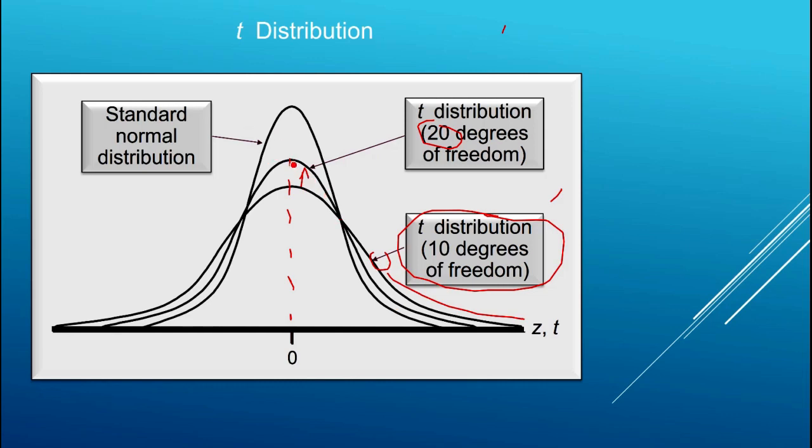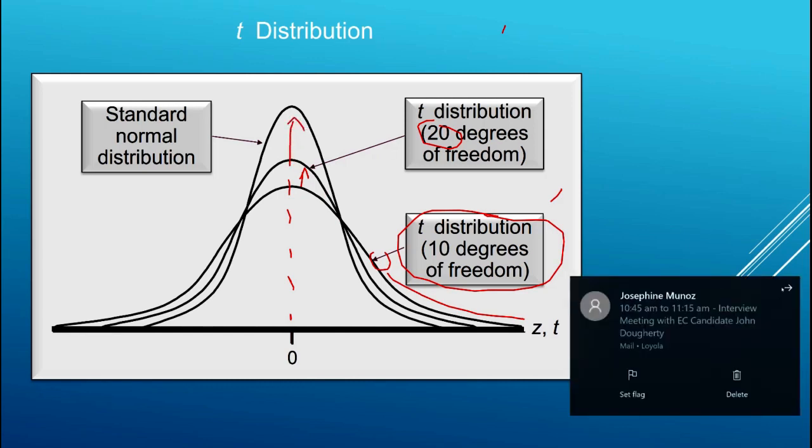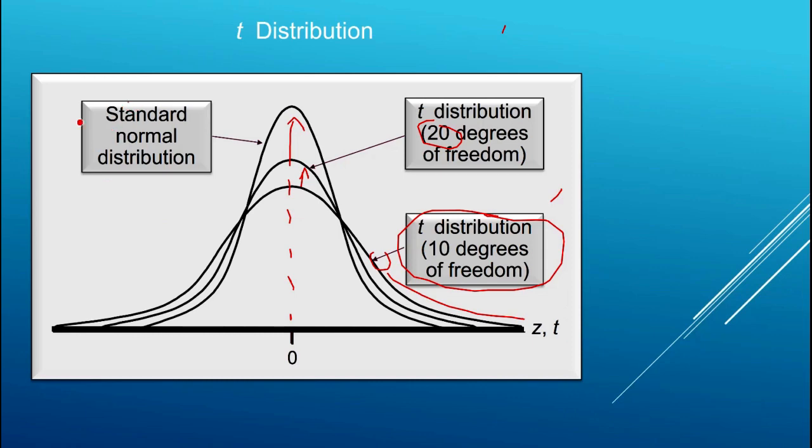And as we continue to increase the degrees of freedom, we converge to this standard normal distribution right here. So there's a good relationship between the t-distribution and the normal distribution, and they're fairly similar to each other.